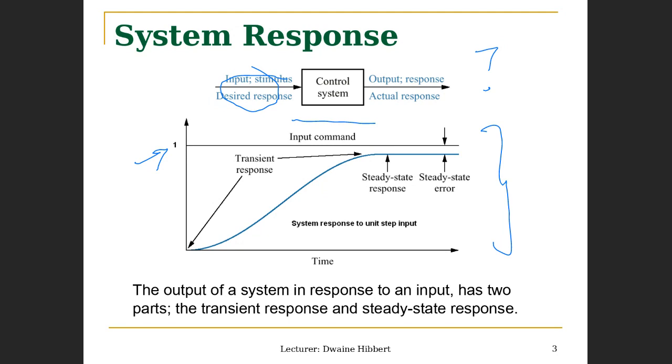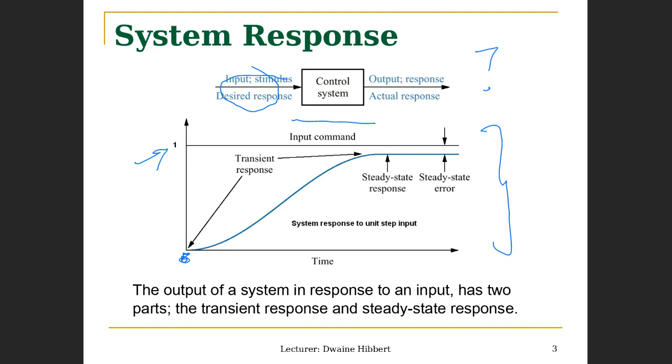And what is the response of the system? The response of the system is shown with the blue curve. And we can see that the system was initially at some point, and we could say it's 0 for the purpose of the discussion, so I'm going to label it here as 0.